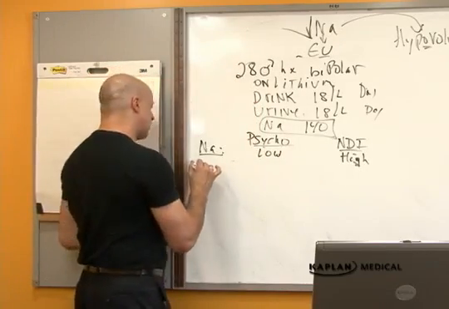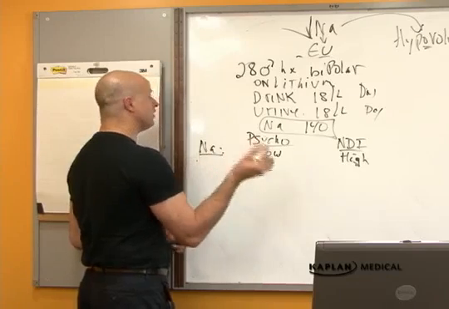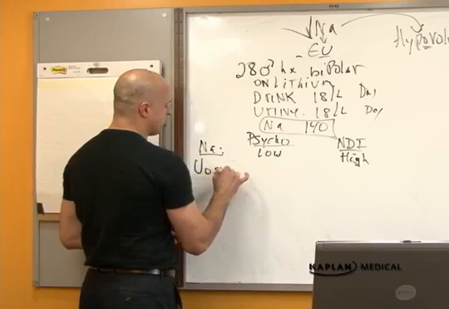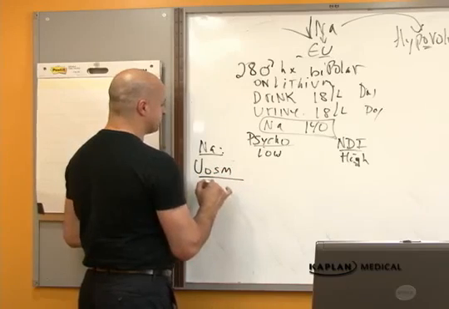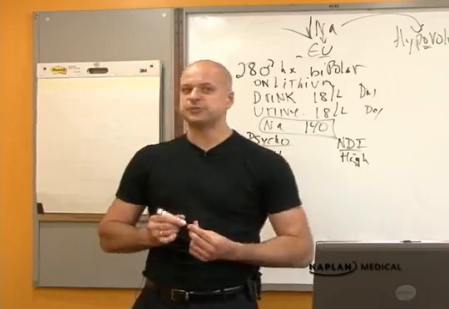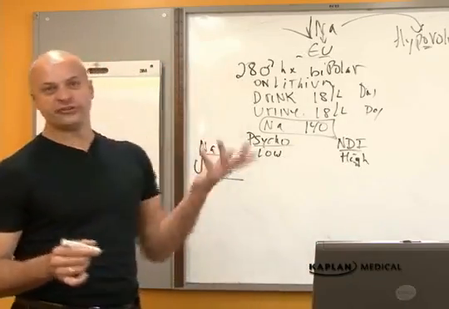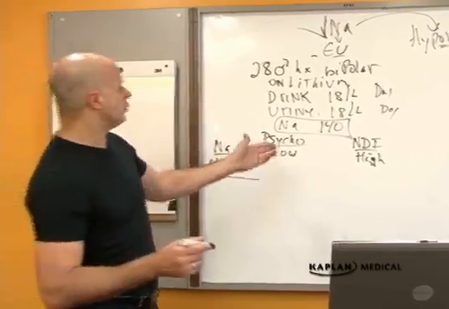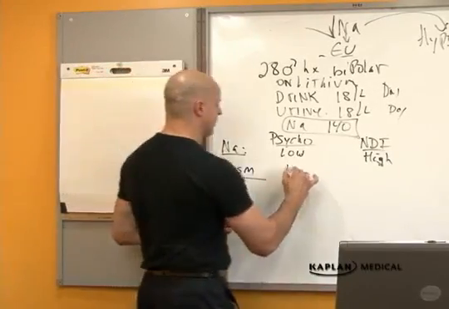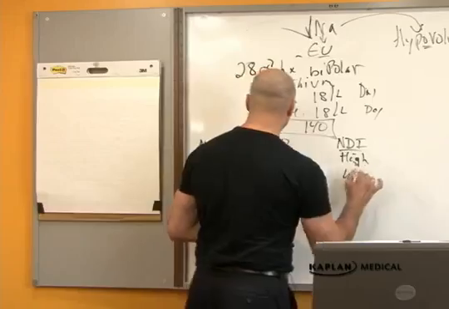Now, which of these will have a high urine volume? All of them. But which of these will have a low urine osmolality, meaning a dilute urine, a very watery urine? The answer is both of them.